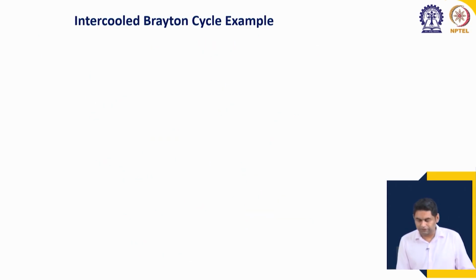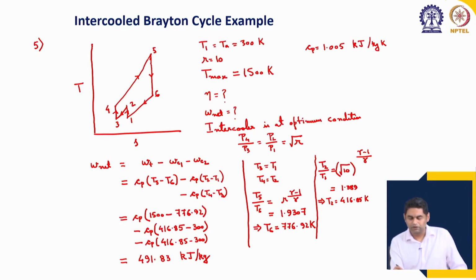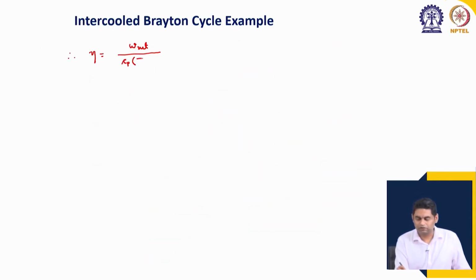So, finally, we can find the efficiency. Is the net work output by heat addition. Heat addition in this case is Cp T5 minus T4, Cp T5 minus T4. Okay.